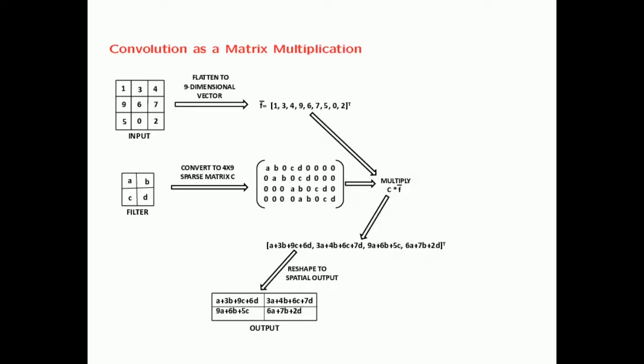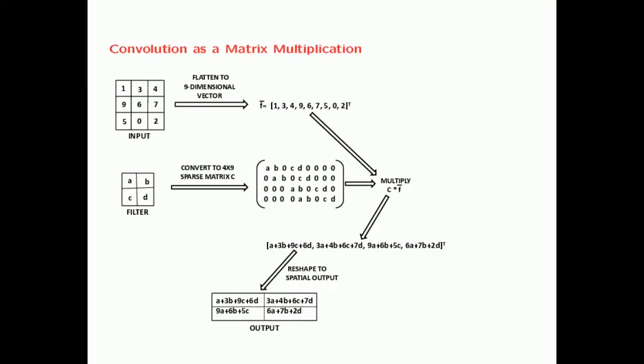And then what you'll do is multiply this C with the 1-dimensional vector F that you got by flattening your input. And that's how you're going to get an output which is 4-dimensional. The reason it's 4-dimensional is because your output will have 4 elements corresponding to the 4 alignments of the filter, and you'll reshape it to your spatial output.